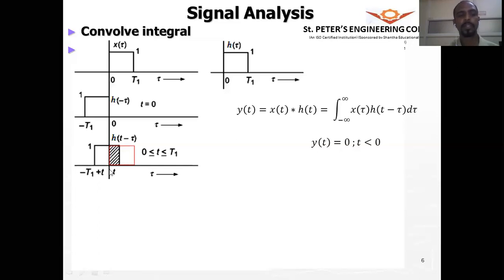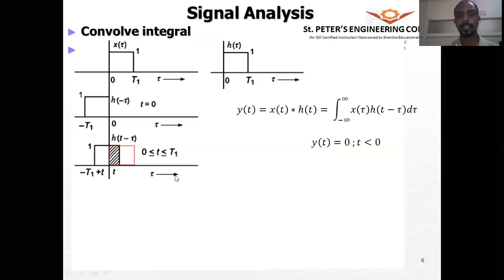So in this range, what will be the limits for the integral? The overlap starts at 0. You can see this very clearly. It does not start before that. The overlap starts at 0 and ends where t ends. So therefore, in this region, that is 0 less than or equal to t, less than t1, it will be from 0 to where t ends.